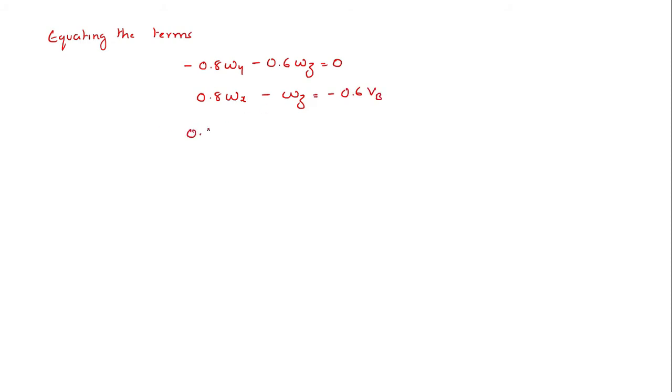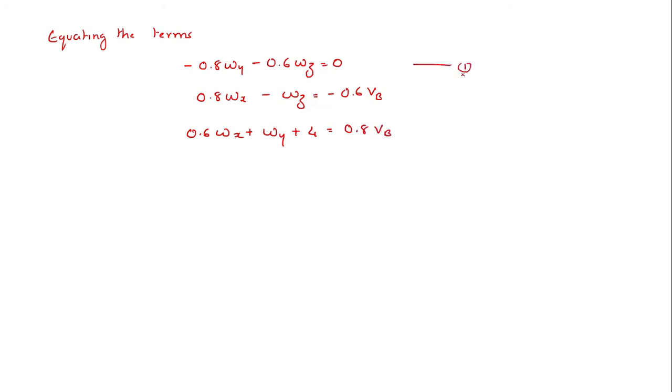Equating the terms, we will get minus 0.8 omega y minus 0.6 omega z is equal to 0, 0.8 omega x minus omega z is equal to minus 0.6 vb, and 0.6 omega x plus omega y plus 4 is equal to 0.8 vb.